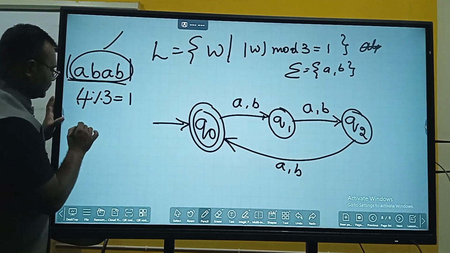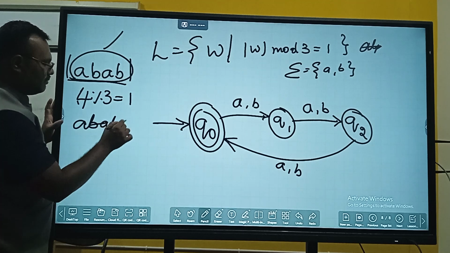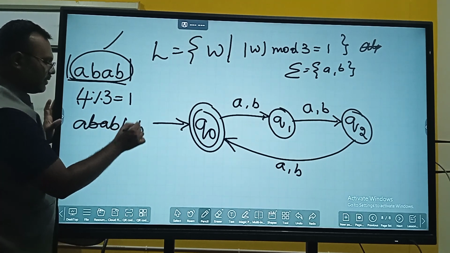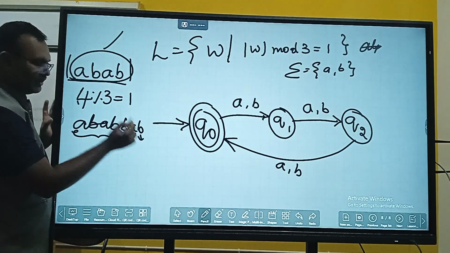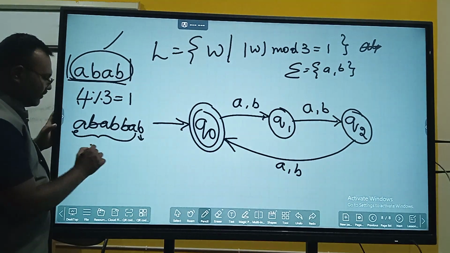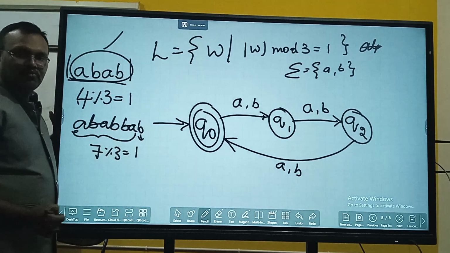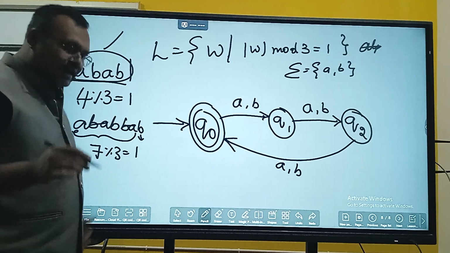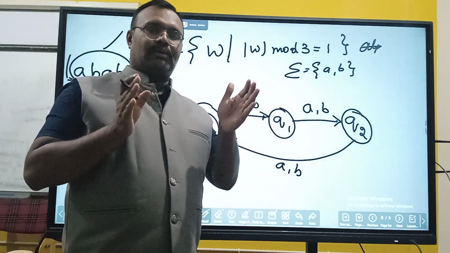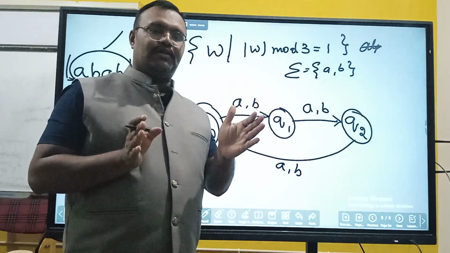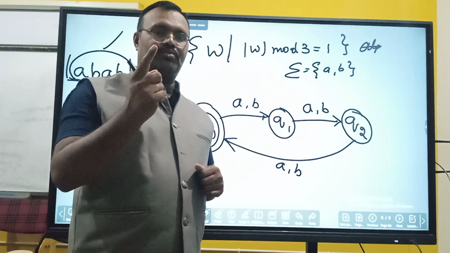Similarly, suppose I take 7 values, A, B, B, A, B. See, this is 6 characters and this is the 7th character. If I divide 7 by 3, what is the mod value I get? 1. So basically they are telling you to accept the string of some particular length in such a way that when you divide it by 3, the remainder value should be 1.